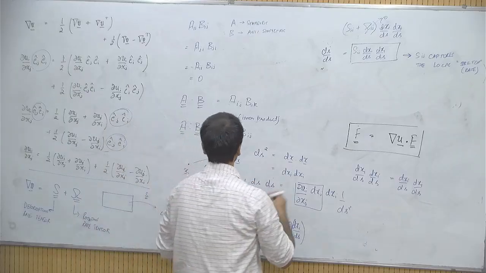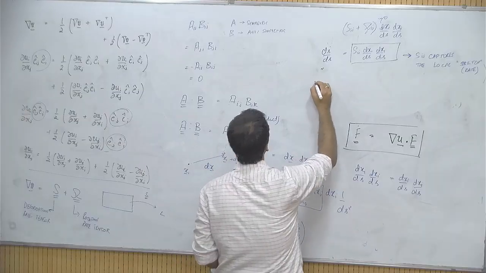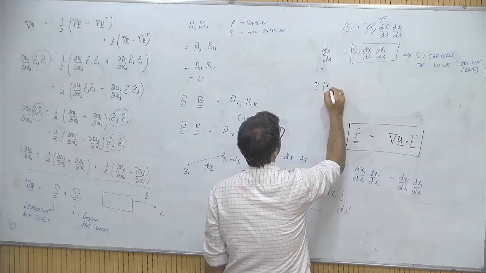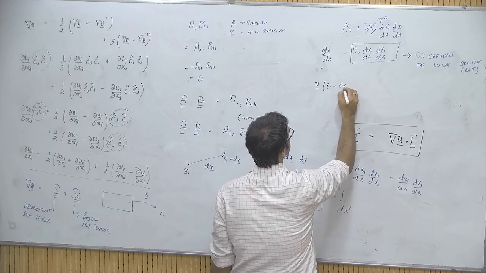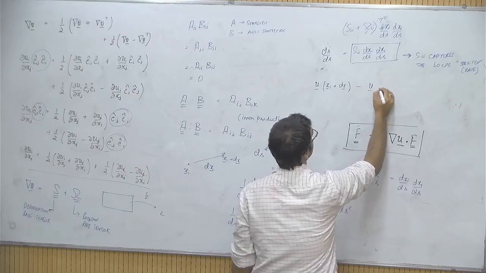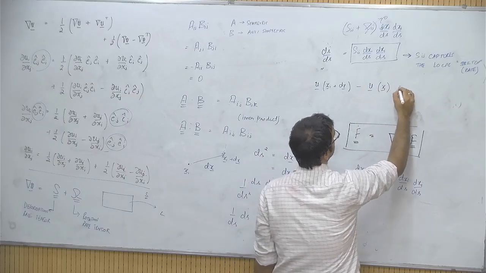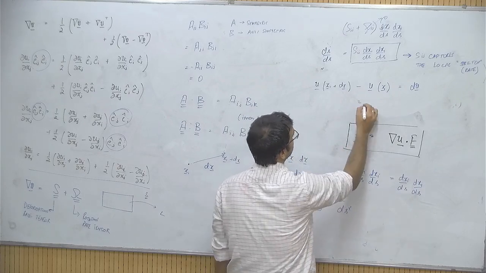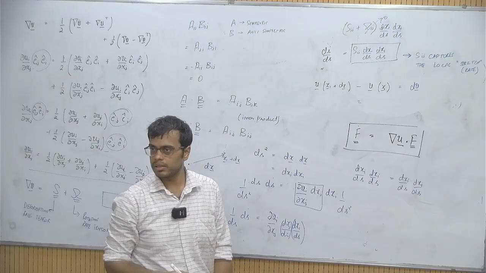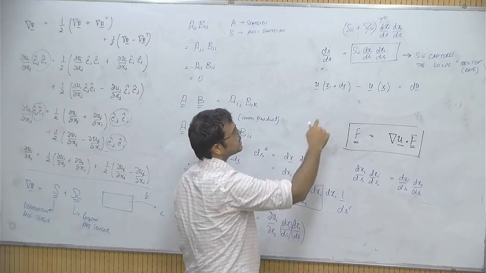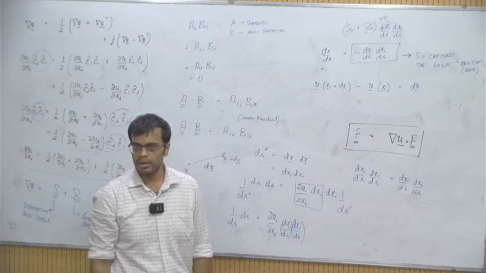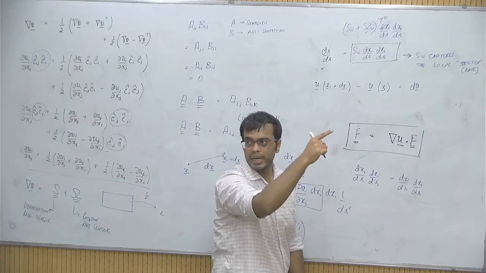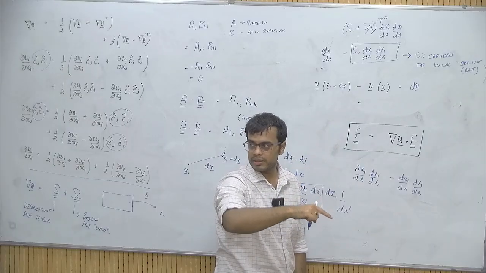So, what I do is I write u at x1 plus dx minus u at x1 is actually du, and I can write it using the Taylor expansion. So, u at x1 plus dx I can Taylor expand, and what will I get? U at x1 plus del u by del x at x1 times dx and so on.